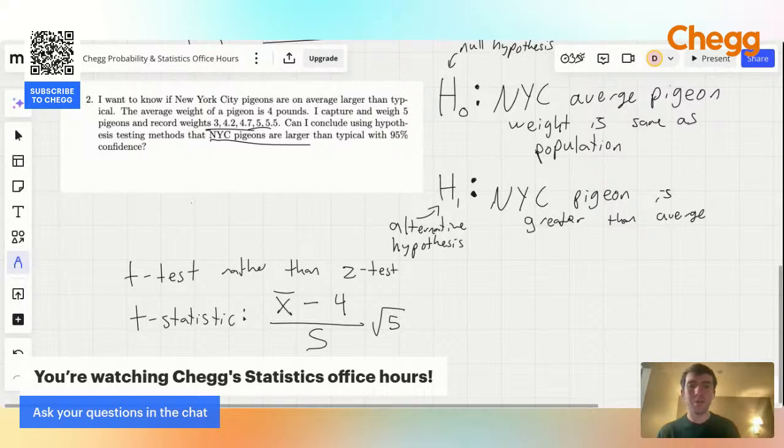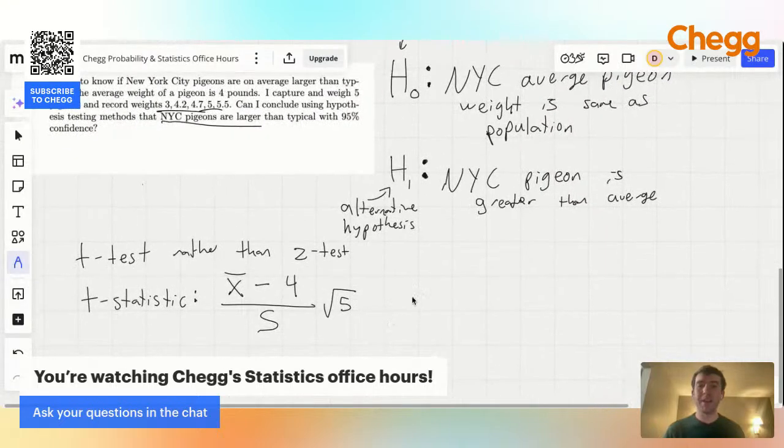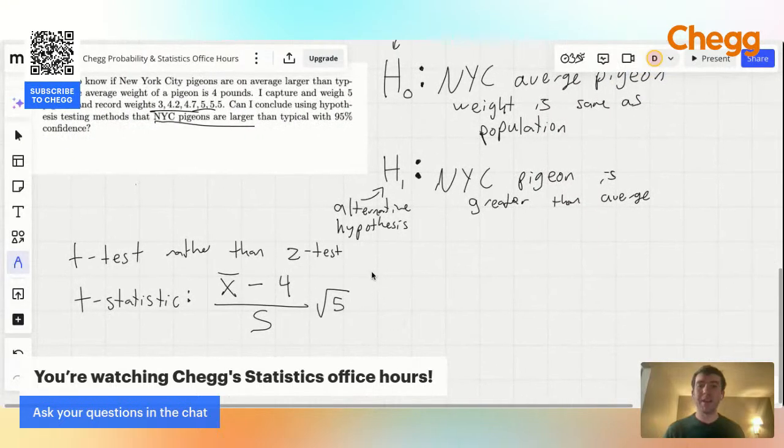So we need the sample mean and the sample standard deviation. Let's go and find those values.